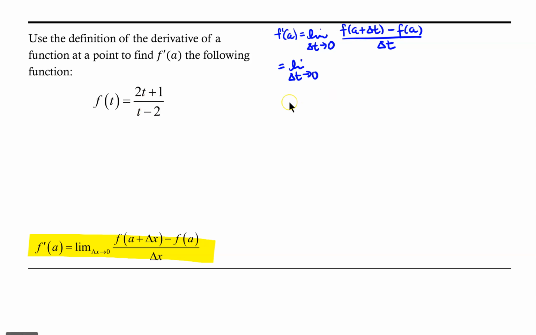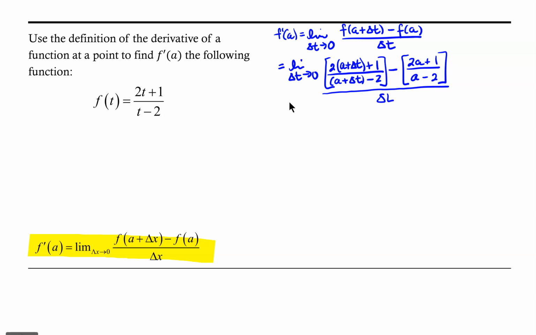So I'm going to end up with 2 times a plus delta t, plus 1 over a plus delta t minus 2, minus then f at a, which is 2a plus 1 over a minus 2, all over delta t.